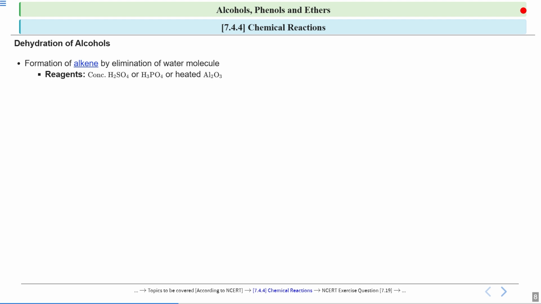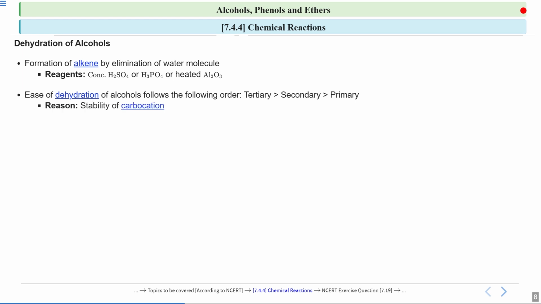Now the reagents used here are concentrated H2SO4, or you can use H3PO4 or heated Al2O3. The ease of dehydration of alcohol follows the order tertiary, secondary and primary. Means if there are tertiary, secondary and primary alcohols, then in tertiary there is more ease of dehydration as compared to secondary and primary. Again, why?